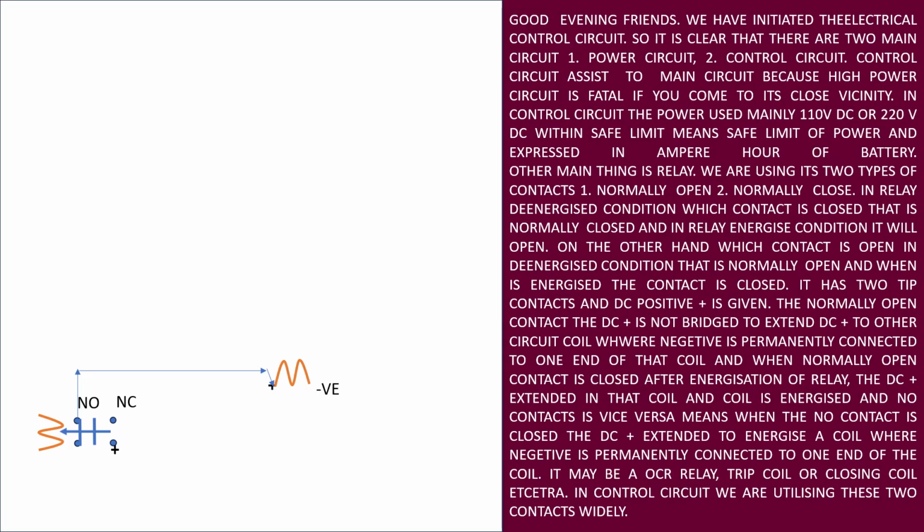The normally closed and normally open contacts are just like a binary system, yes or no. Suppose in the safety relays in the locos, all the relays' normally closed contacts are given in the DJ closing and opening circuit.